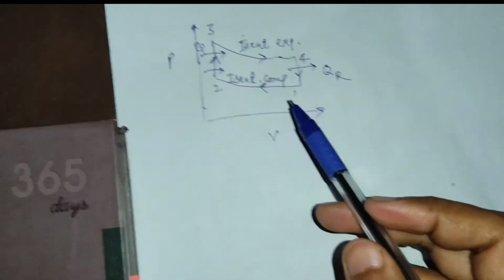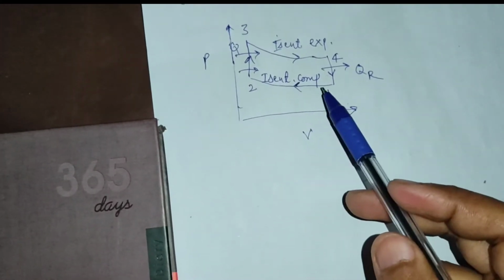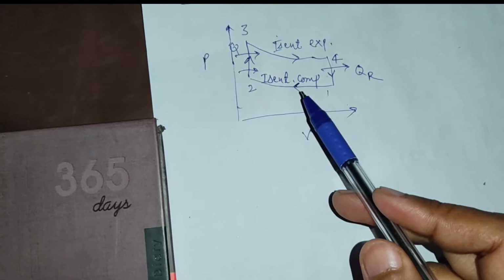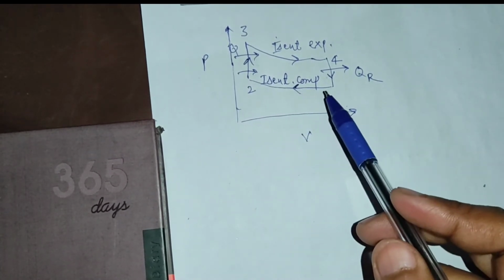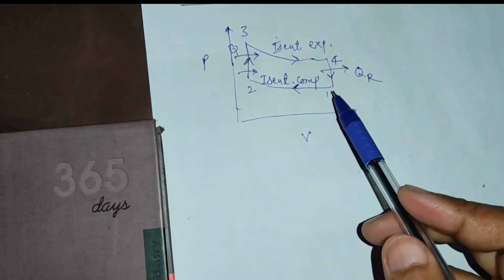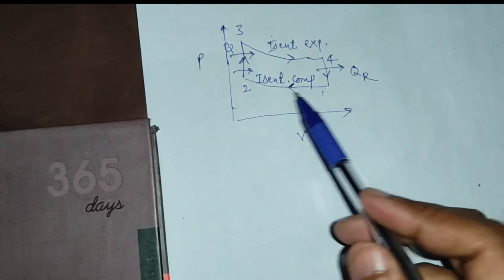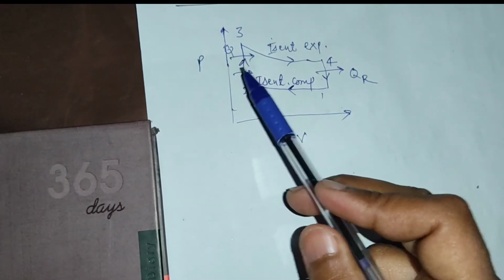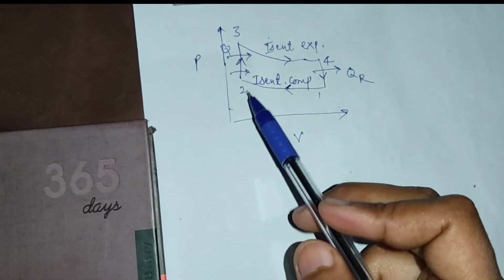So 1 to 2 is the isentropic compression in which air is compressed and the piston moves from bottom dead center to top dead center, and heat is supplied at constant volume in the process 2 to 3.